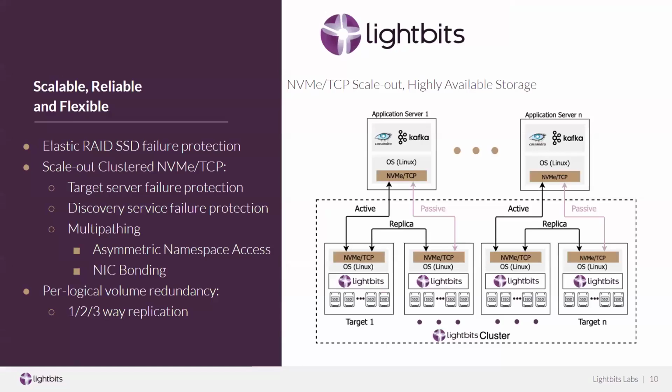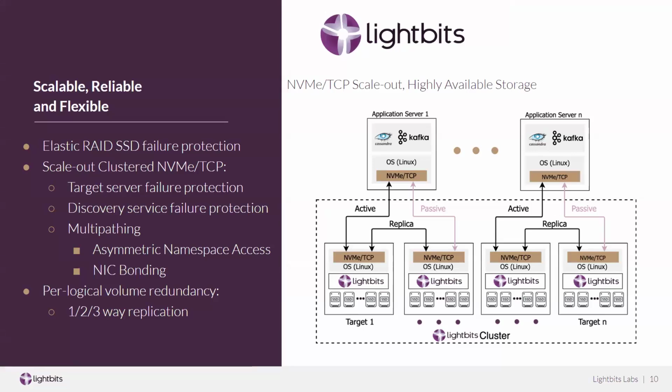This is kind of a simple scheme of how Lightbits is kind of the flow of IOs and what's going on. But what you can see here is that when using NVMe over TCP, the volume that we create and you attach into your client has access into all the targets in the cluster that has copies of that particular volume.